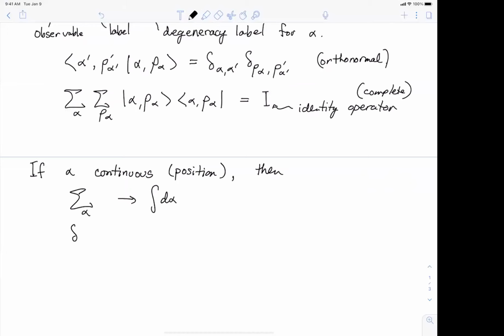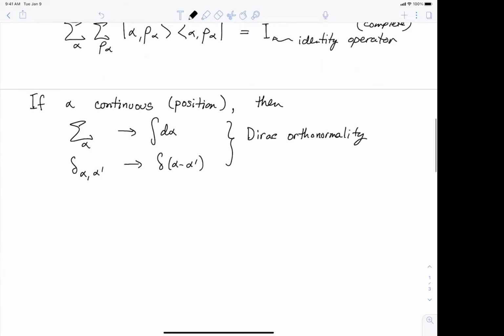And every time you saw a Kronecker delta, you instead do a Dirac delta function. And in those cases, this is called Dirac orthonormality. And as Dirac himself emphasized again, this is technically not a Hilbert space, but it works so well that we do it anyway.